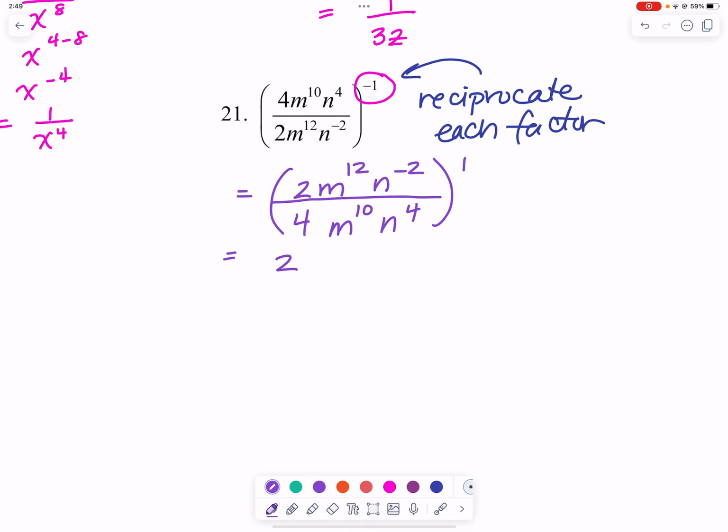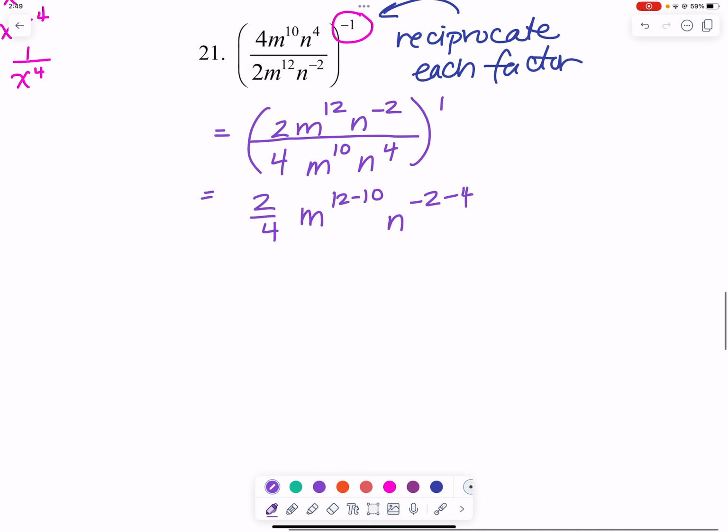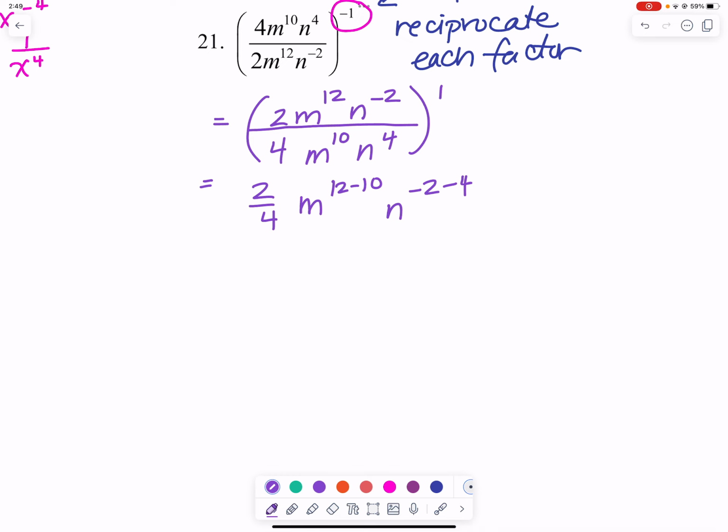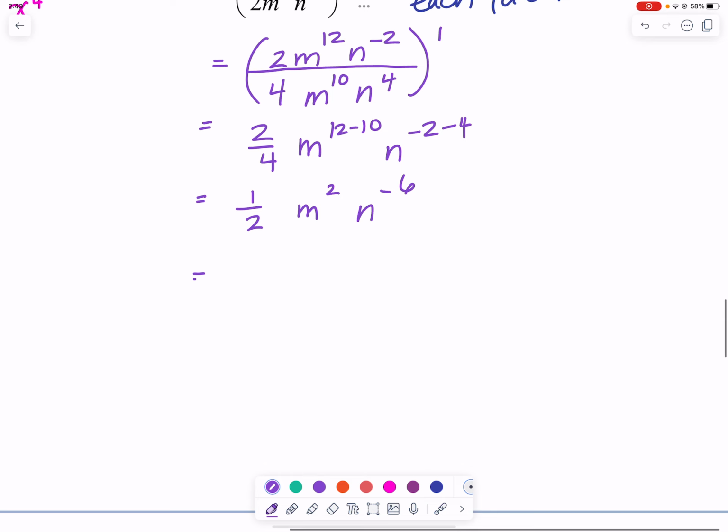So we take our constants, and each one of these variables, and subtract their exponents. So we have 1/2, and this would be m squared, but this would be n to the negative 6. So that m squared stays in the numerator. Again, keep in mind there's a 1 under here.